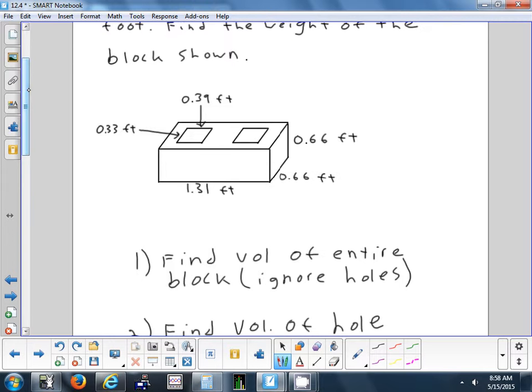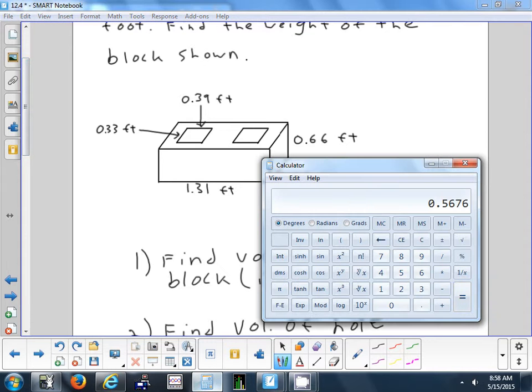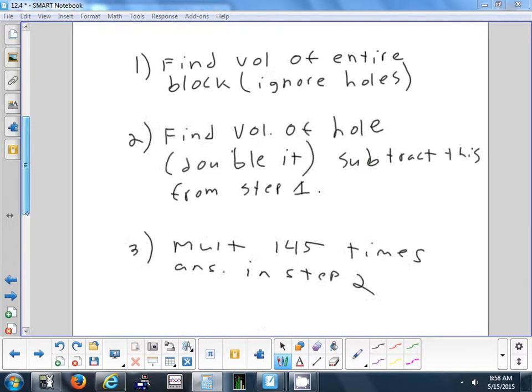Okay, let's start with the area of the base. Well, it's 0.33 and 0.39. Multiply those together. That's the area of your base. Okay, so 0.13.